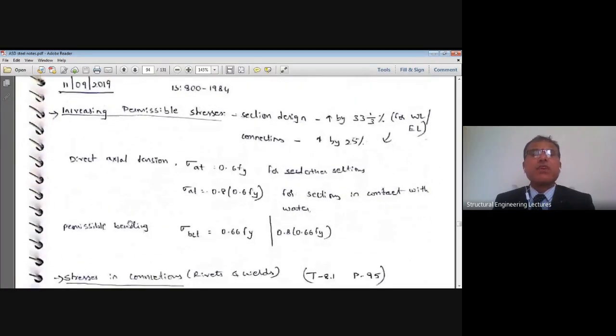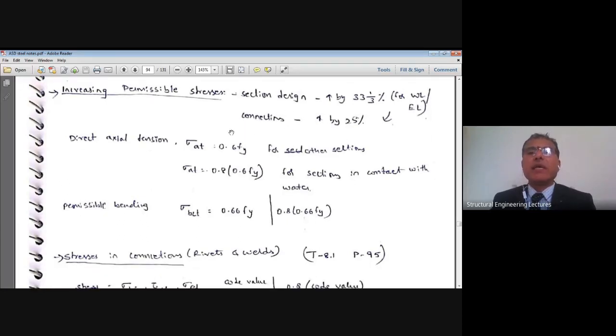Now, you have already seen the increase in permissible stresses as per IS 800, because the code always refers back to IS 800 for section designs as well as connection designs. Right, for section designs, the permissible stresses may be increased by 33.33 percent if you are considering the lateral loads in the form of wind and earthquake.